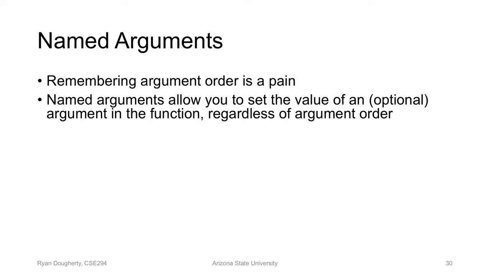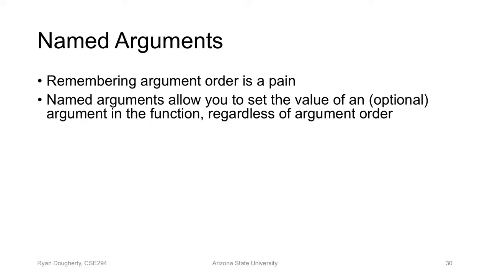So what you do is in the actual implementation of the function, in the argument list, you write as an optional argument the name of a variable equals some default value, right? And so if you just call the function normally without any named arguments, it'll be assigned that default value.